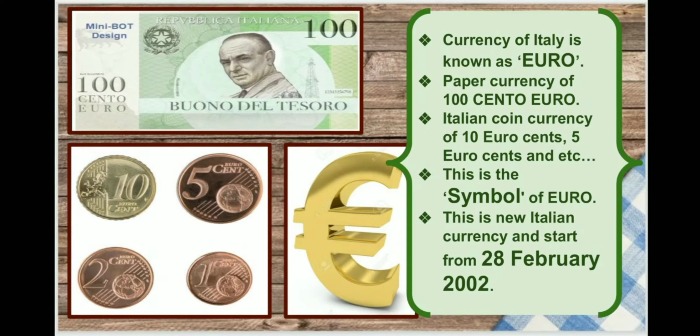Currency of Italy is known as Euro, the new currency. Paper currency of Italy is 100 euro, value of this paper currency. Then value of coin currency is 10 cents, 5 cents, 2 cents, 1 cent, and the symbol of euro.